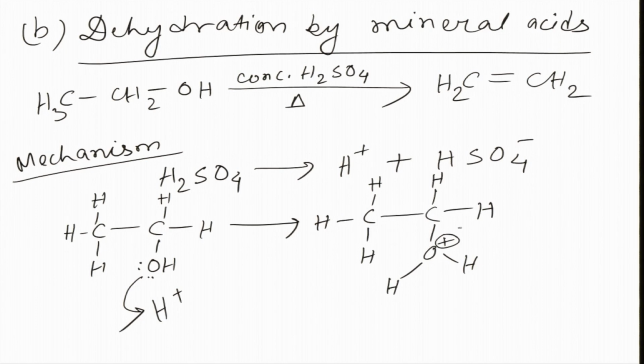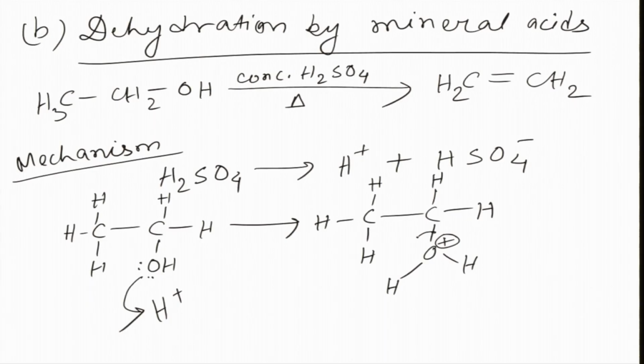Okay. Now, since water molecule is a very good leaving group, because positive charge on oxygen is unstable. Oxygen is a very electronegative element, so positive charge on oxygen makes it unstable. So, this will try to get back electrons and neutralize.